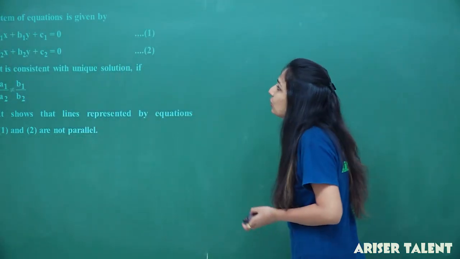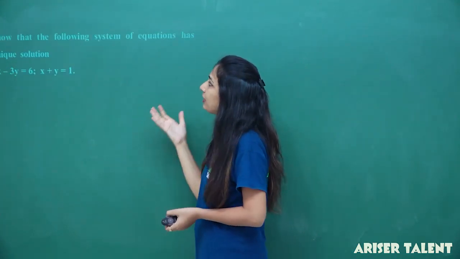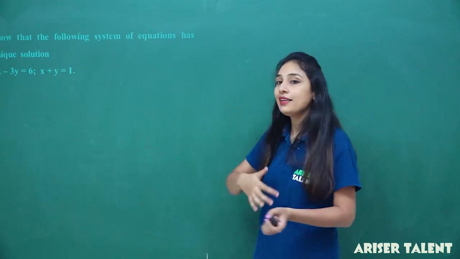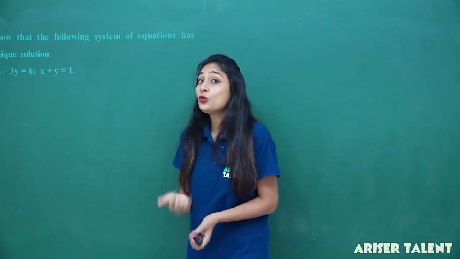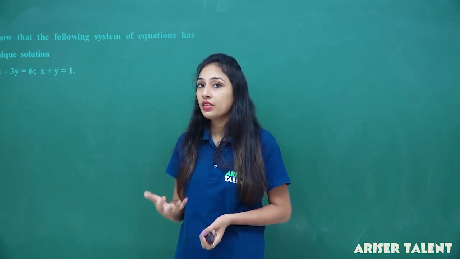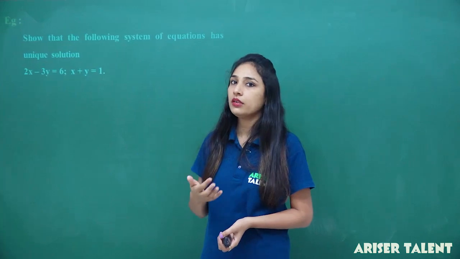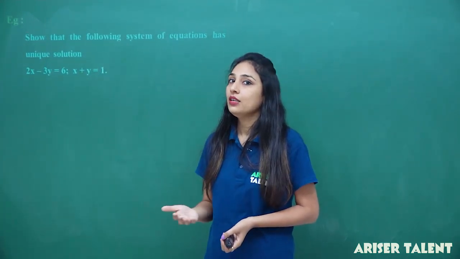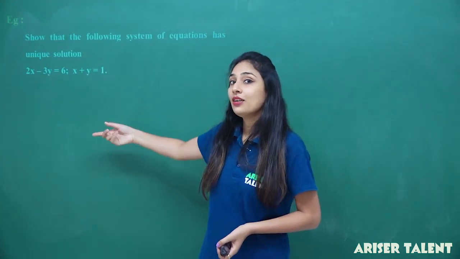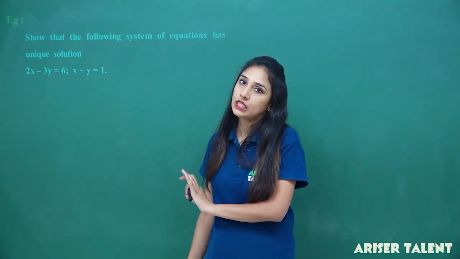Okay. So here is the question: show that the following system of equations has a unique solution. How to show whether an equation has a unique solution or is inconsistent or consistent? How will you show that? You'll simply go with the coefficients and find the ratios of their coefficients, right?